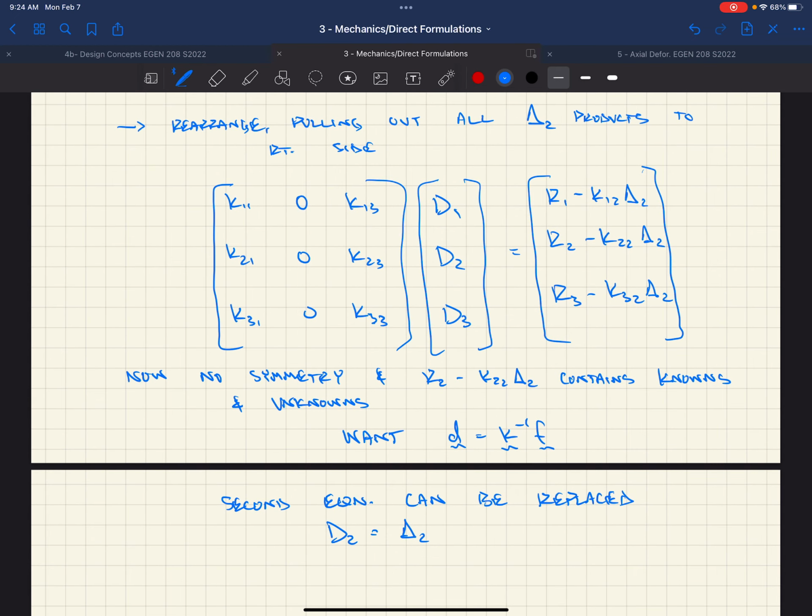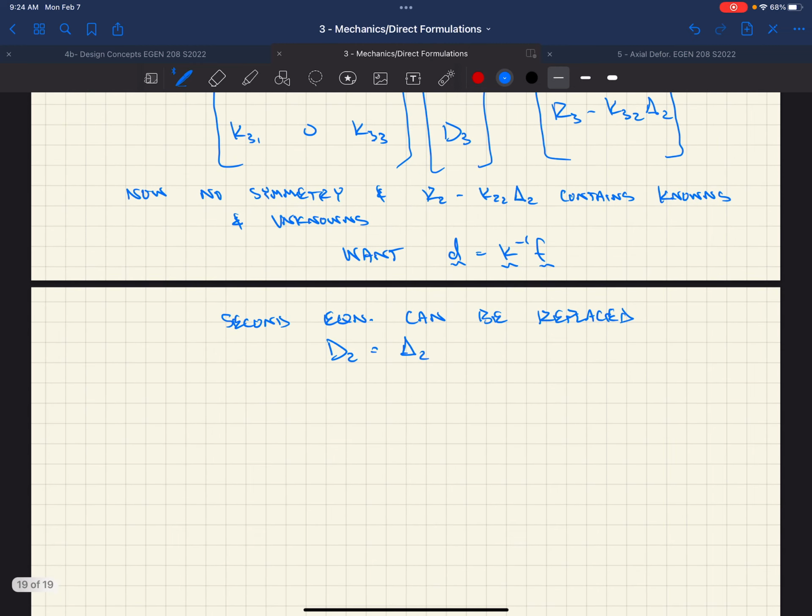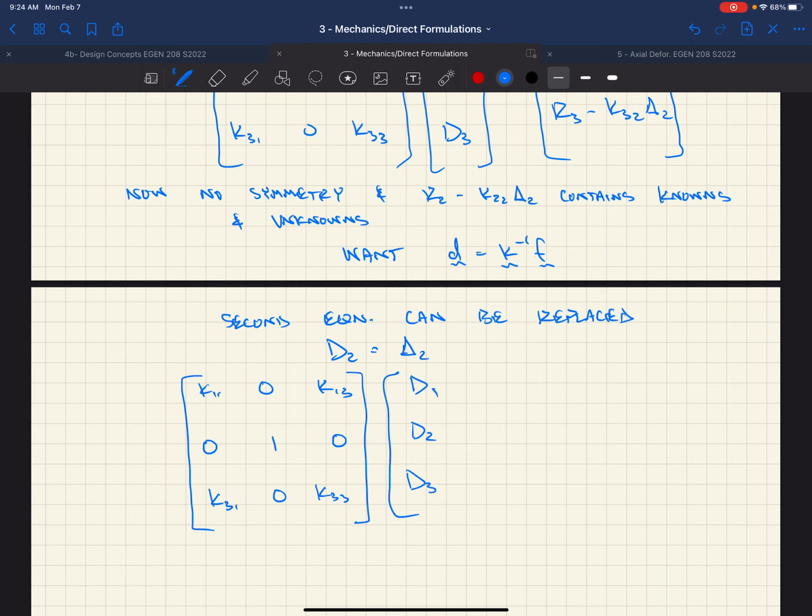So this second row in our stiffness matrix essentially will be replaced by zeros with unity at the location that gets multiplied by D2, right? So essentially our new equation becomes K11, 0, K13, 0, unity, 0, K31, 0, K33, times D1, D2, D3.